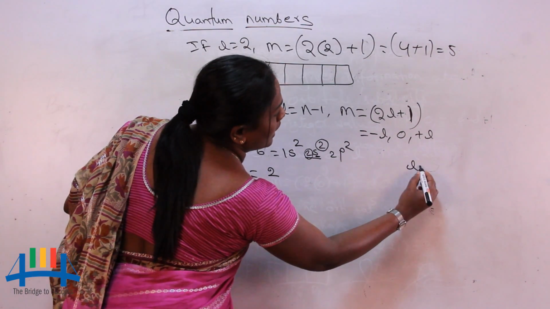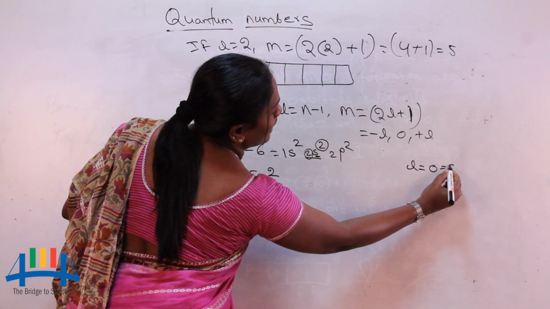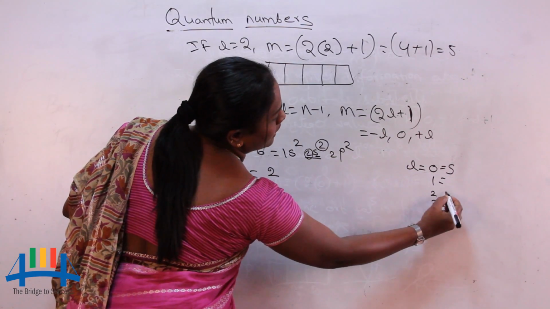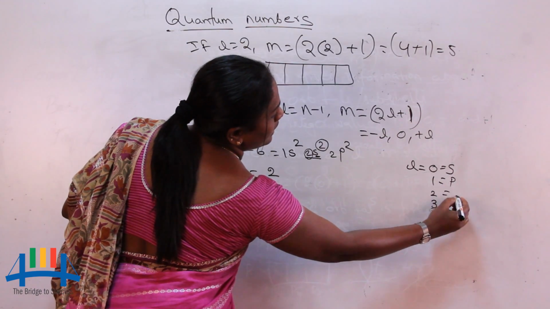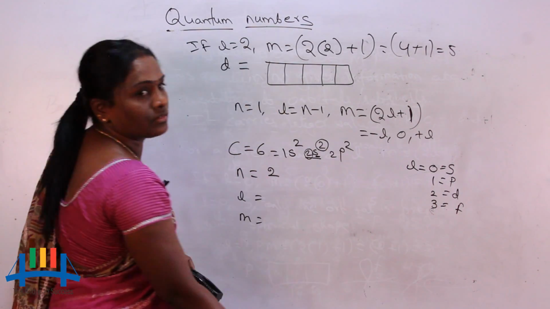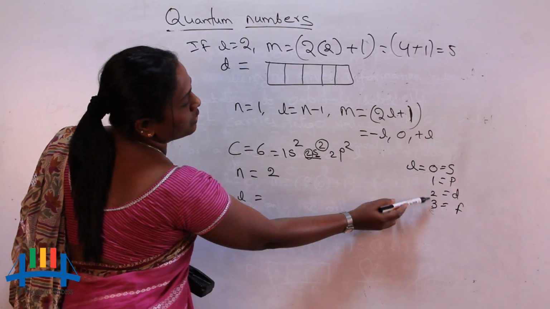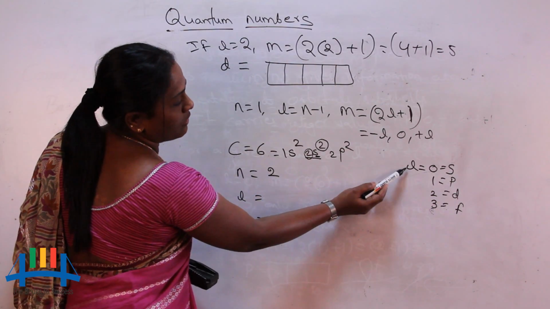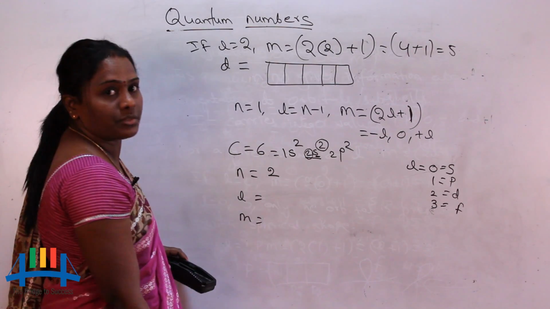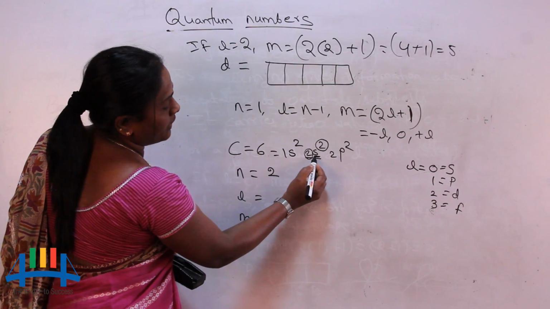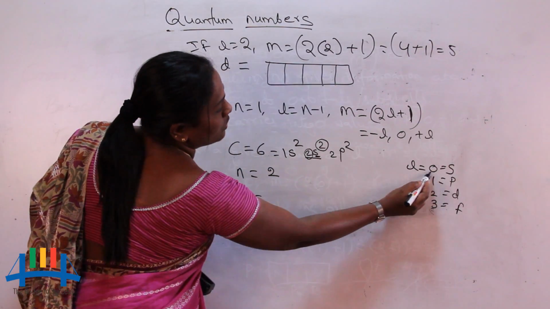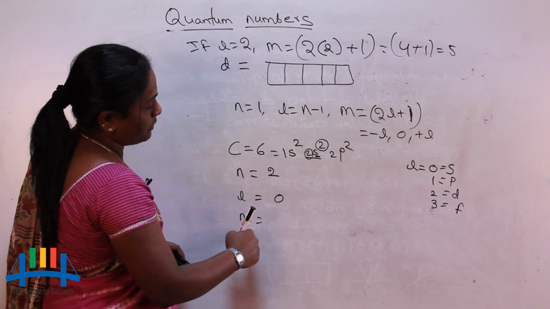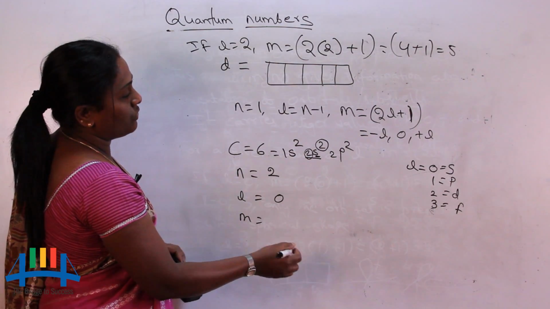Already we know L equal to 0 means S, and 1, 2, 3 mean P, D, F. 0, 1, 2, 3 are S, P, D, F, the names of the subshells for L values 0, 1, 2, 3 respectively. Here it is S, so L value is 0, right? L equal to 0.